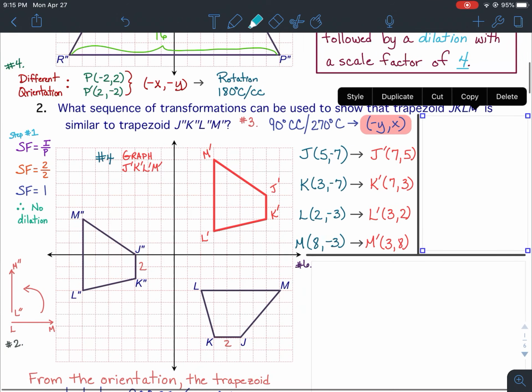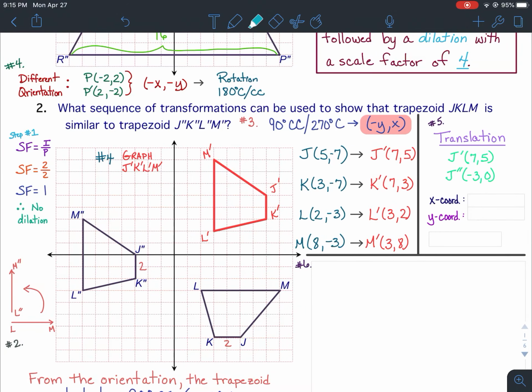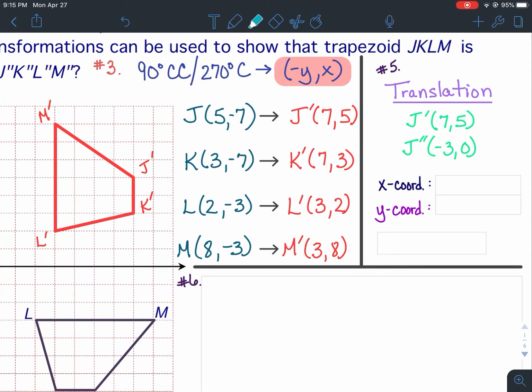So we're going to find what the translation was by examining J prime and J double prime. J prime is at 7, 5, and J double prime is at -3, 0. To find the translation, I'm going to take the image and subtract the pre-image coordinate.